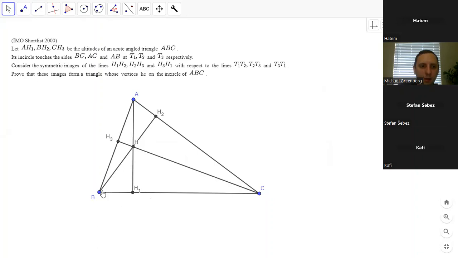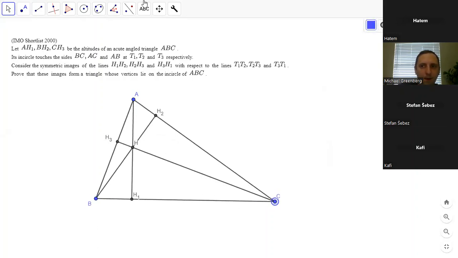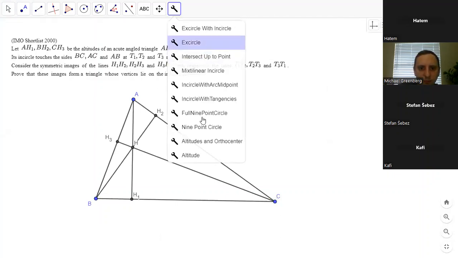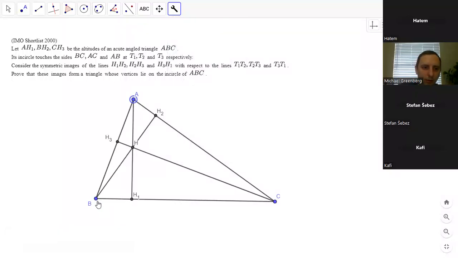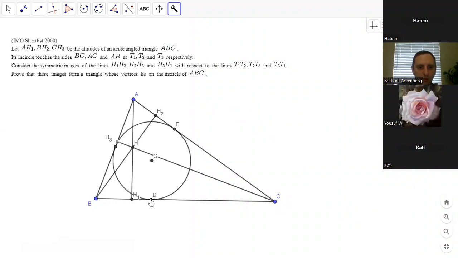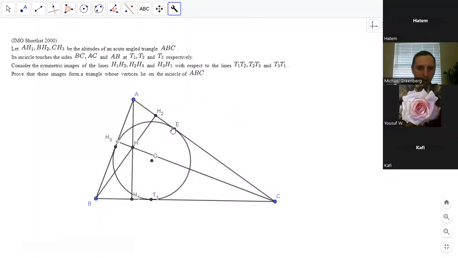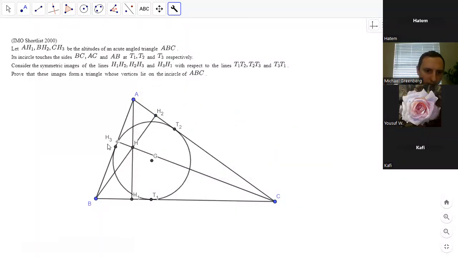Okay, so it's not just on the shortlist; it's actually on the IMO. I think also G7. Okay, so it was G7. So this will be T1, T2, and T3.